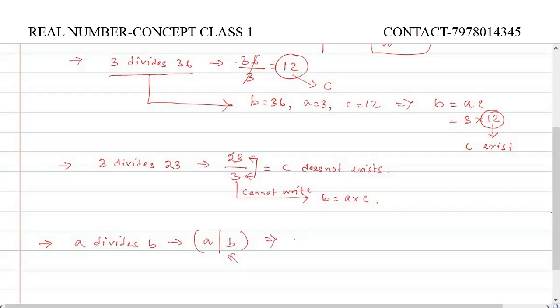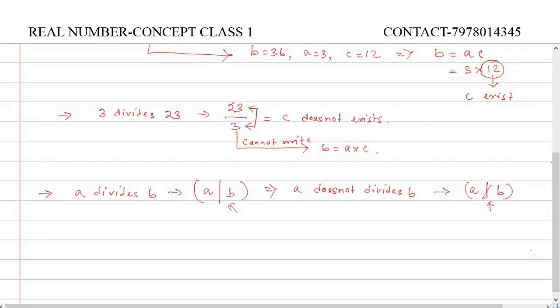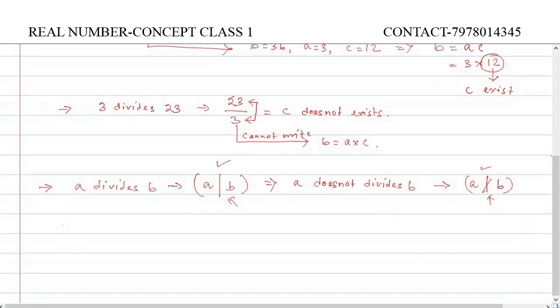Similarly, if we write down a does not divide b, then that statement is written with the notation for does not divide. Remember both these notations because we are using them in the upcoming chapters.